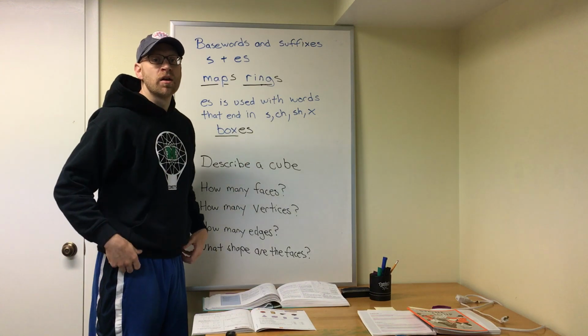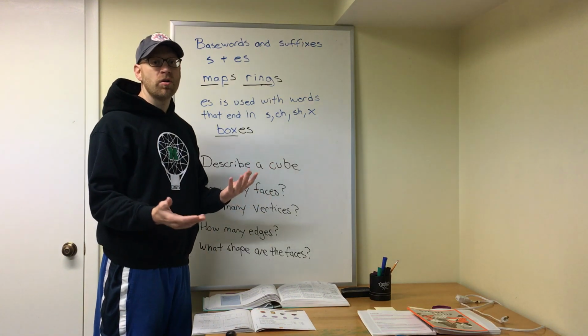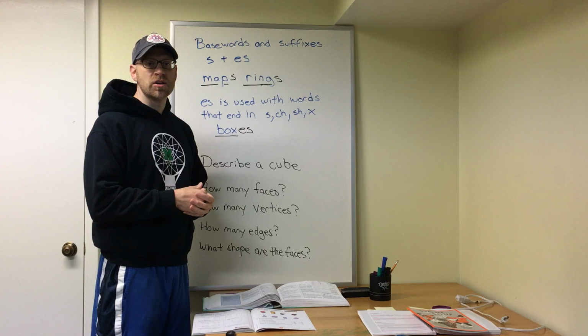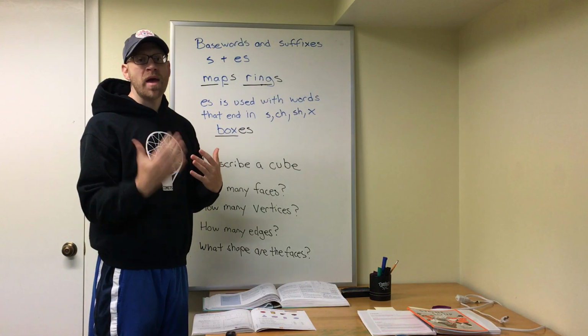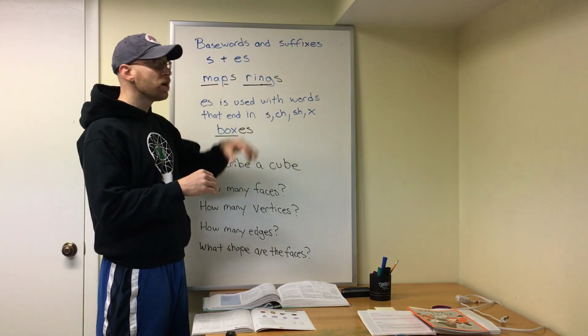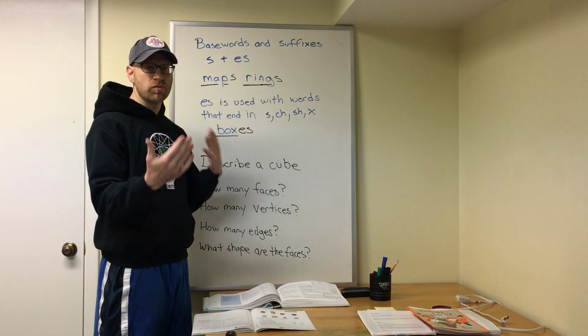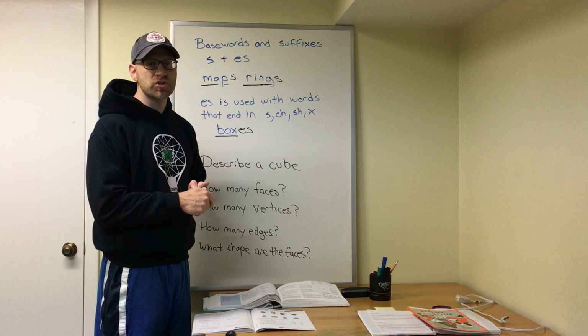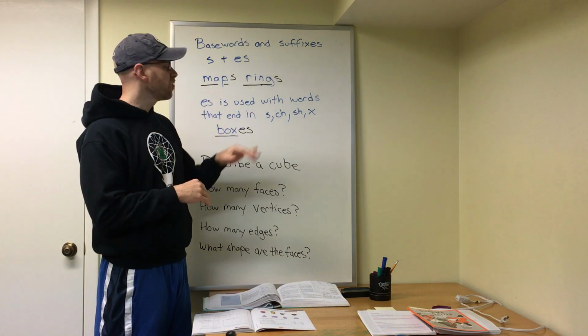If I add more maps to my pile, I'd want to add an S to the end of the word, making it maps. And when we're marking it up, we simply underline the root word to show, hey, that's the root word or the base word without the suffix added to it.